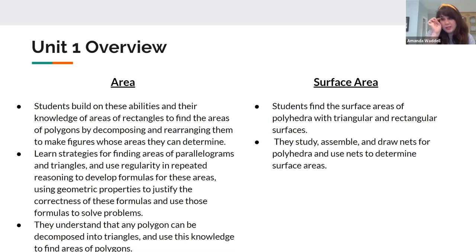If you were in the 6th grade advanced, I know one of the algebra teachers mentioned that they don't know where those formulas come from. This is where students start to develop those skills. If the area of a triangle is half base times height, where does that come from? It comes from the fact that base times height is the area of a rectangle, and if you cut a rectangle in half, you get a triangle. That's where you get that half from.